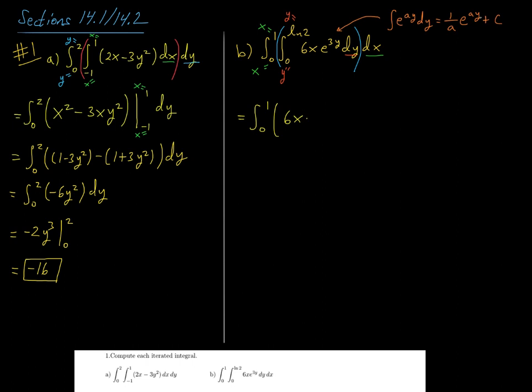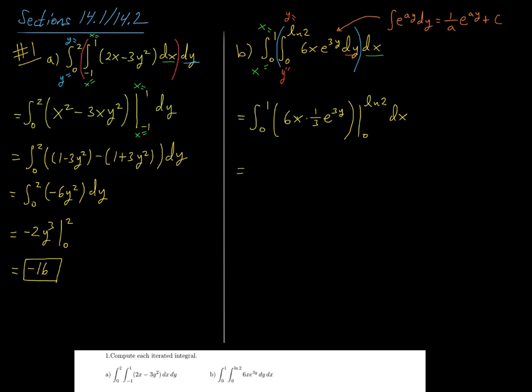Because if I differentiate that exponential, you pick up a factor of a, so this 1 over a is going to divide that a out. So integrating e to the 3y gives 1/3 e to the 3y. Now we're going to evaluate this from 0 to the log of 2. We still have our dx.